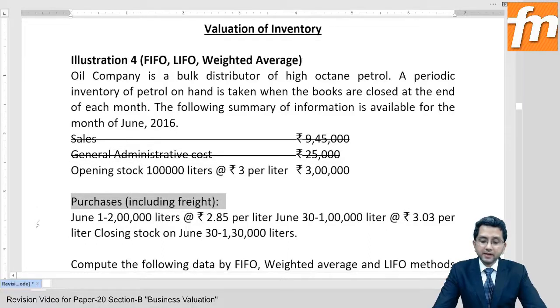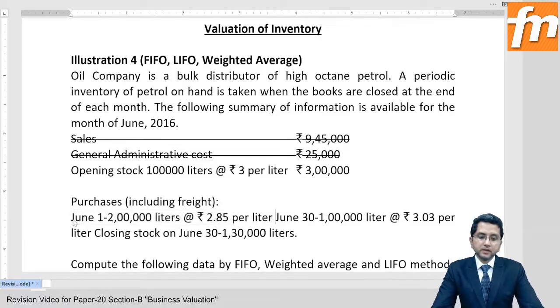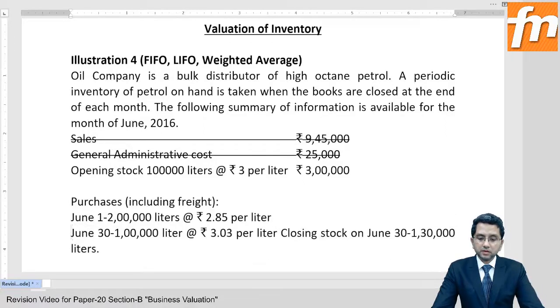Purchases including freight: on June 1st, 2 lakh liters were purchased at 2.85 per liter. Then on June 30th, again 1 lakh liters were purchased at 3.03 rupees per liter. So I should write it like this.